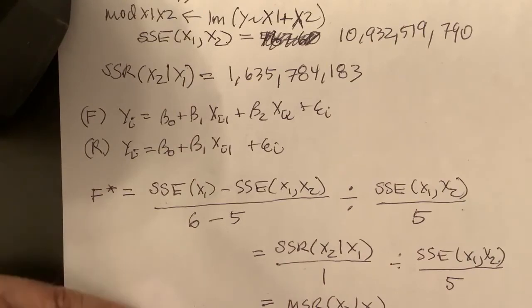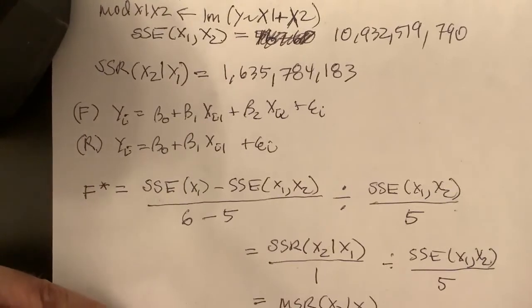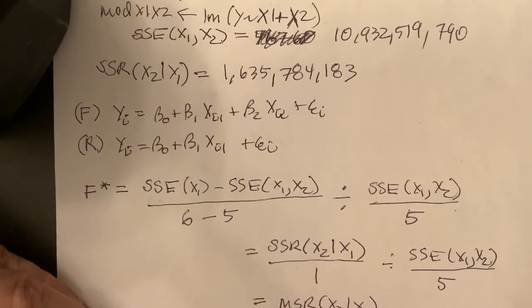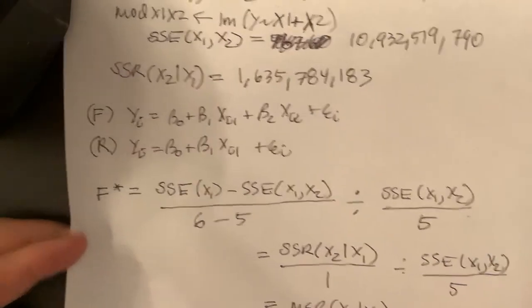And under this, if we think about this way, then we have F star is equal to, I take the difference of the two SSEs, the reduced minus the full on the top, and I divide by the degrees of freedom. The difference, those are additive as well.